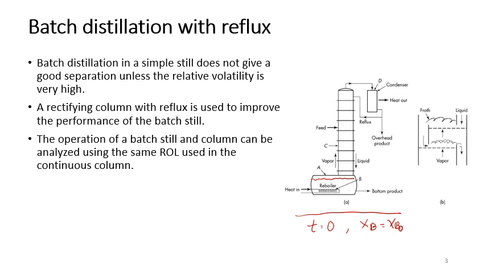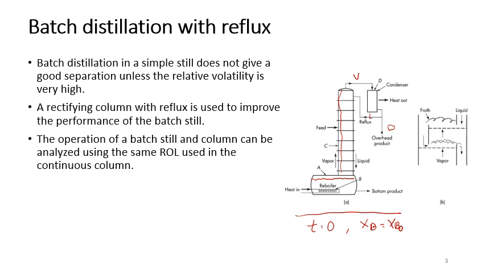And then we boil it, and the vapor goes up the column. You have the vapor up here where you want to condense and get the liquid product out. So this is the distillate product, and then some of it is returned back to the column as reflux.